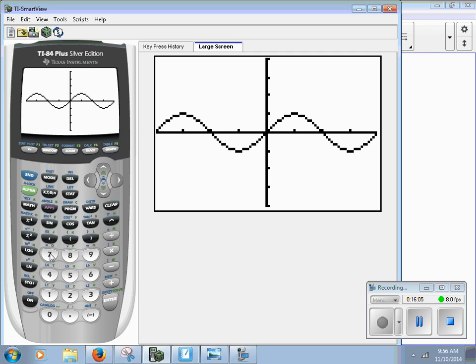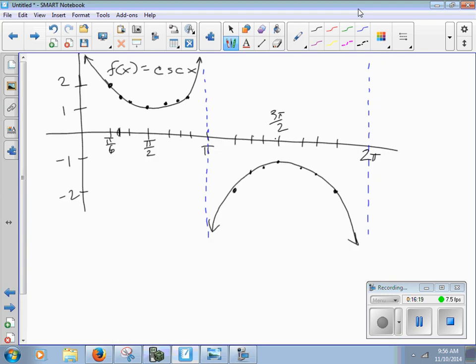No. I only need to be concerned about this stuff on the right. Does it resemble the graph that you have on your paper? Yes. If you want to verify these in the calculator, Zoom Trig.